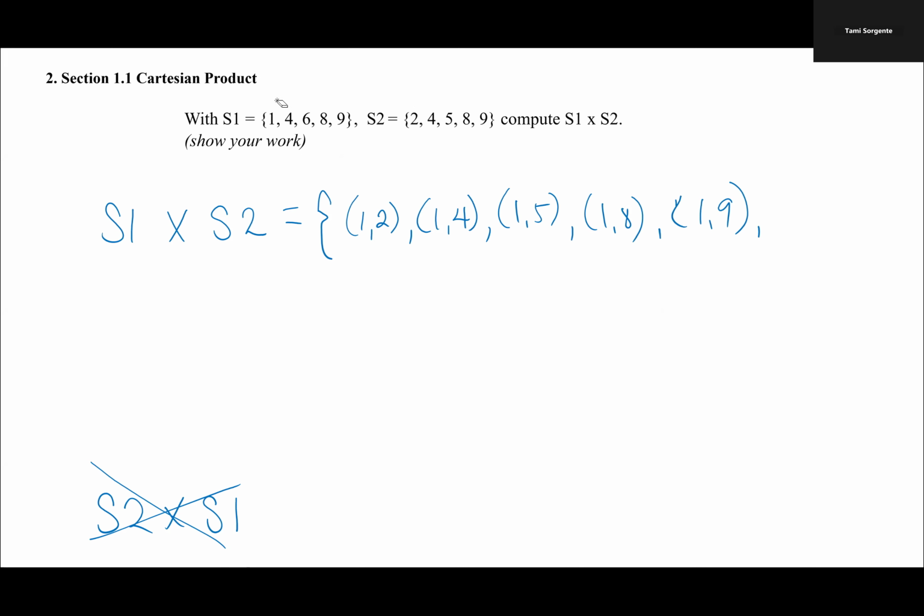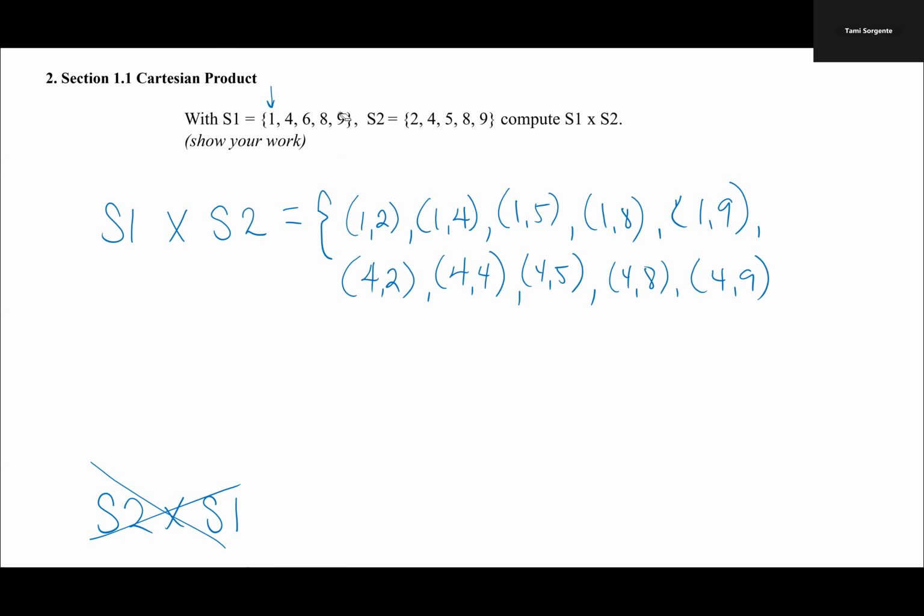Then you move on to 4 and make the ordered pairs, which would be 4, 2, 4, 4, 4, 5, 4, 8, and 4, 9. And you continue on doing the ordered pairs between each element in this set combined with one in that set.